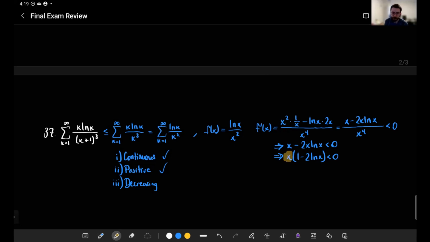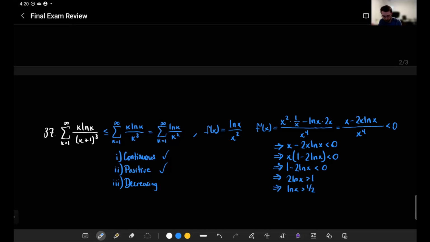Again, x is always positive. So for a product to be negative, we need one of the components to be negative. In this case, the only option is that the one in parentheses needs to be negative. But this is the same as saying 2 log x should be greater than 1, which is the same as saying log x should be greater than 1/2.